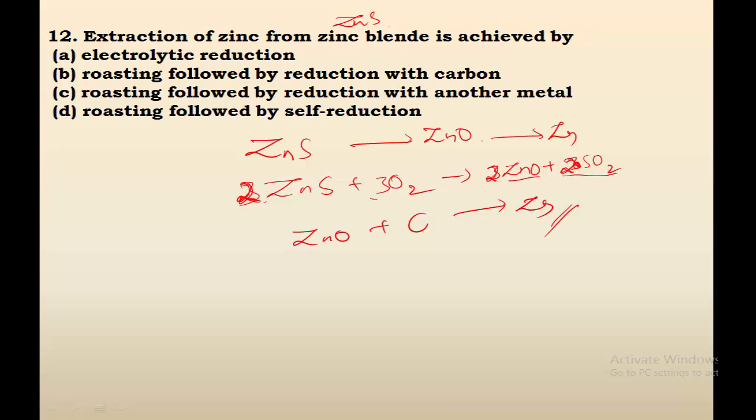First, heating the zinc sulfide in the presence of excess air is roasting. Roasting is followed by reduction with carbon. So option B is the right one. The 12th one, the answer is B.